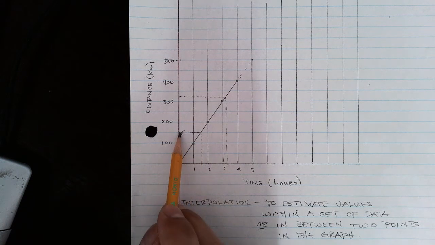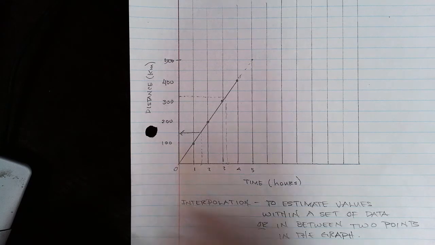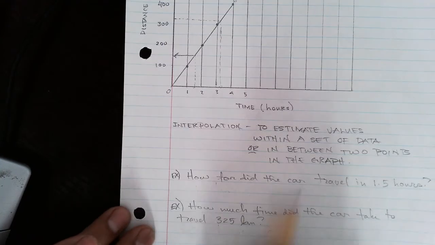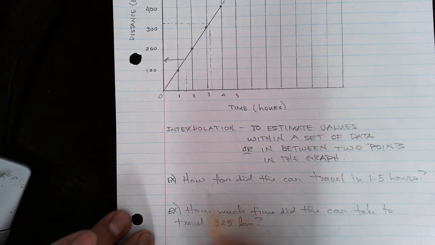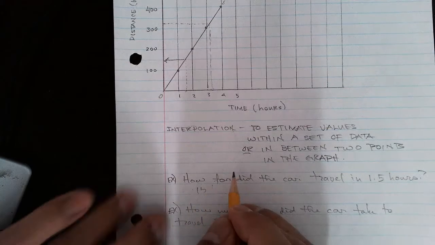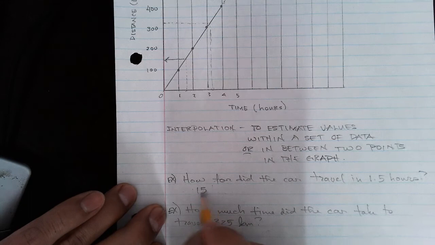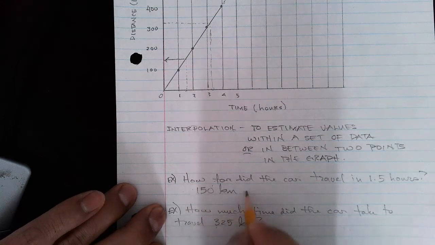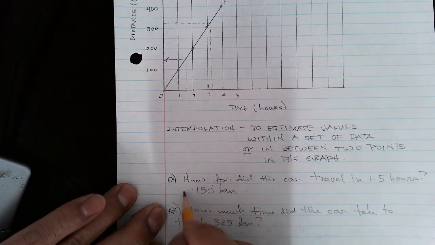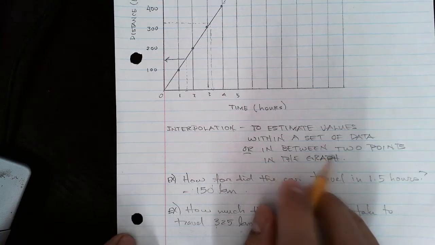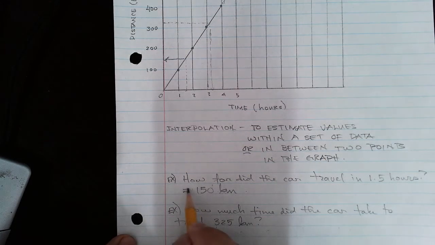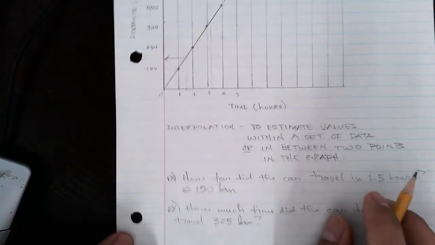It looks like it traveled 150, because between 100 and 200 is 150, the way I made the graph. So our answer is, in 1.5 hours it traveled 150 kilometers.